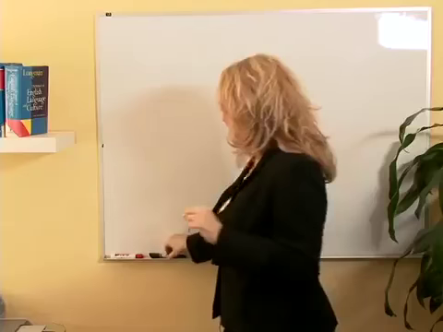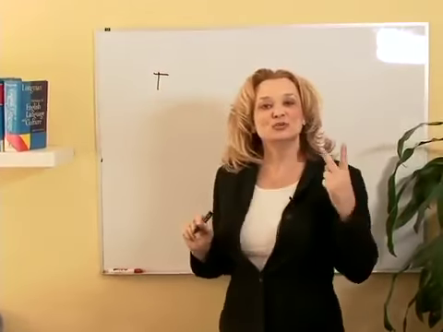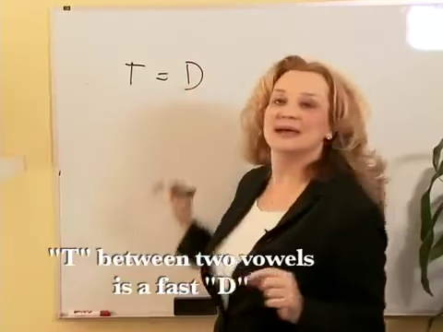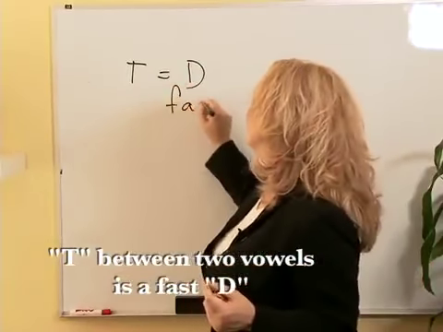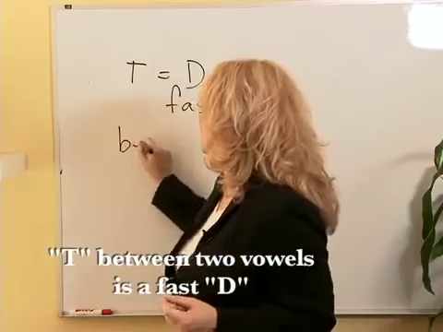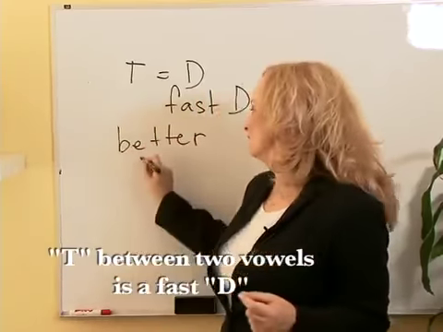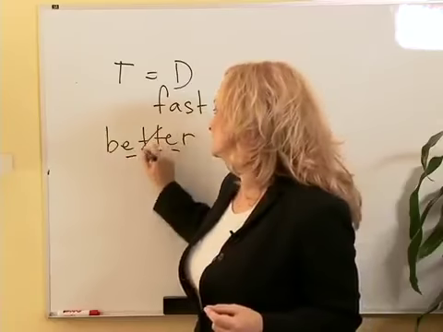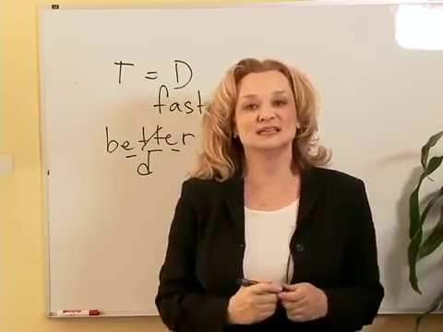Let me explain. When the T is between two vowels, the T sounds more like a D sound, or what we call a very fast D. So, for example, when we say the word better, we have a vowel, T, and another vowel. This T changes and it becomes this fast D sound.